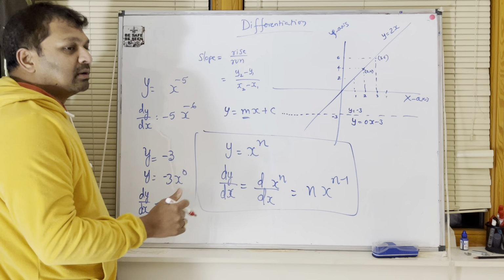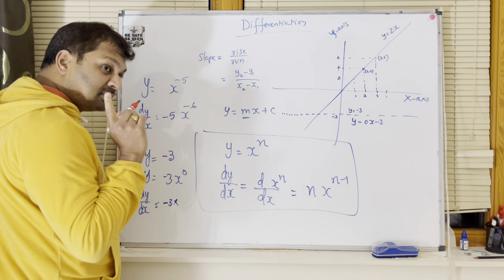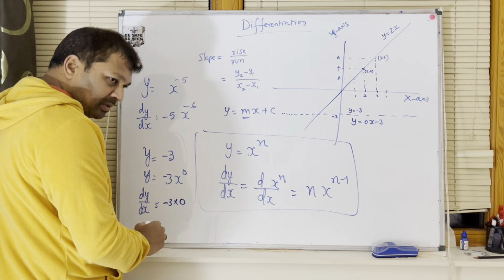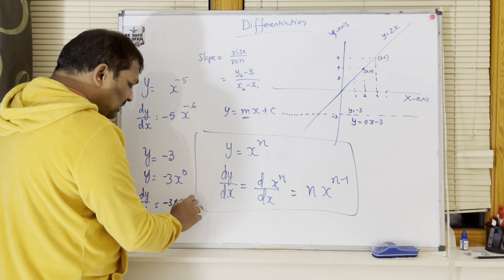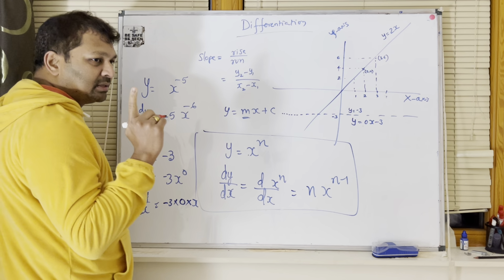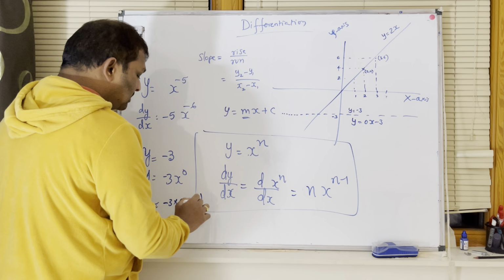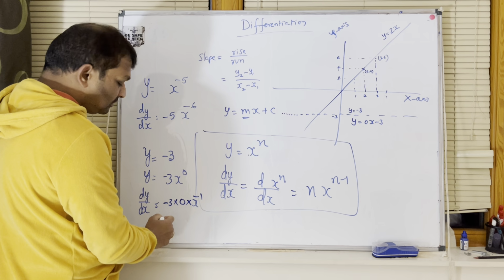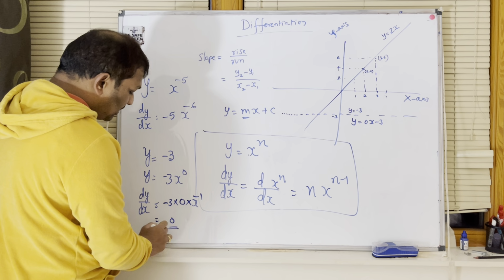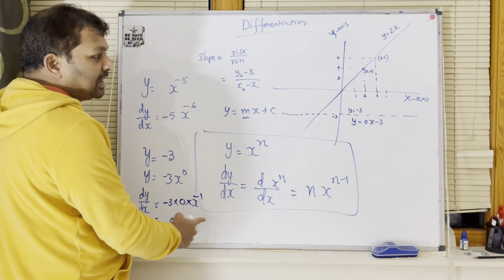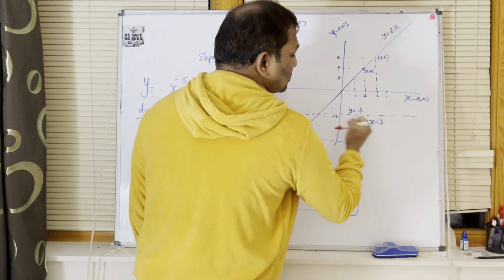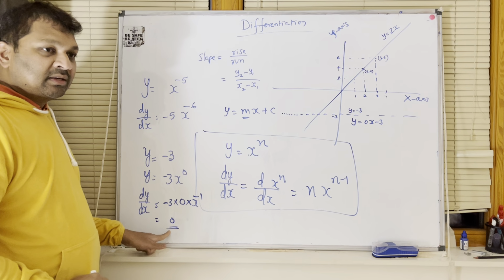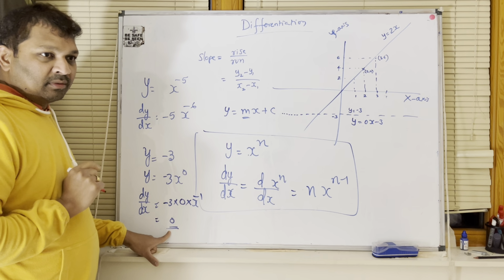The power 0 comes as a coefficient, into x to the power of 0 minus 1, and because we have 0 here, the whole thing is 0. So this proves that this equation has a slope of 0. Differentiation of any equation gives its slope.